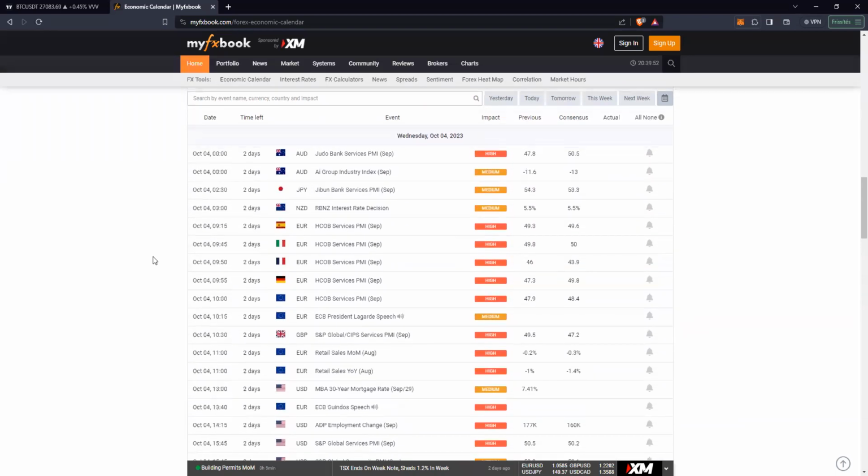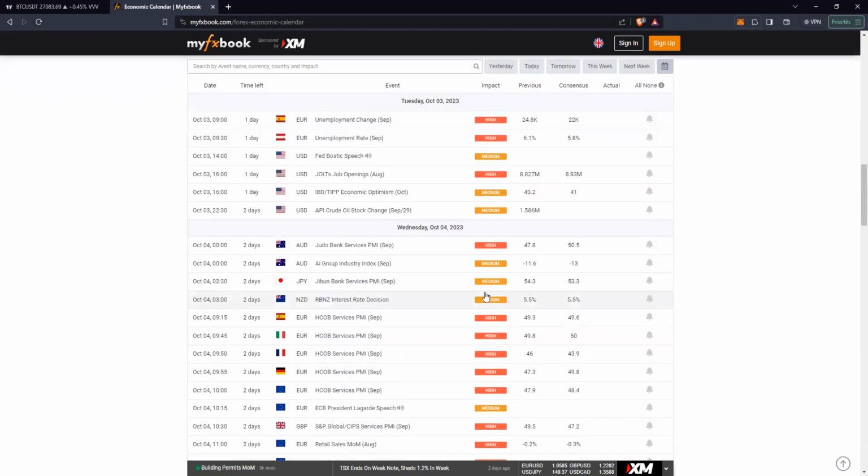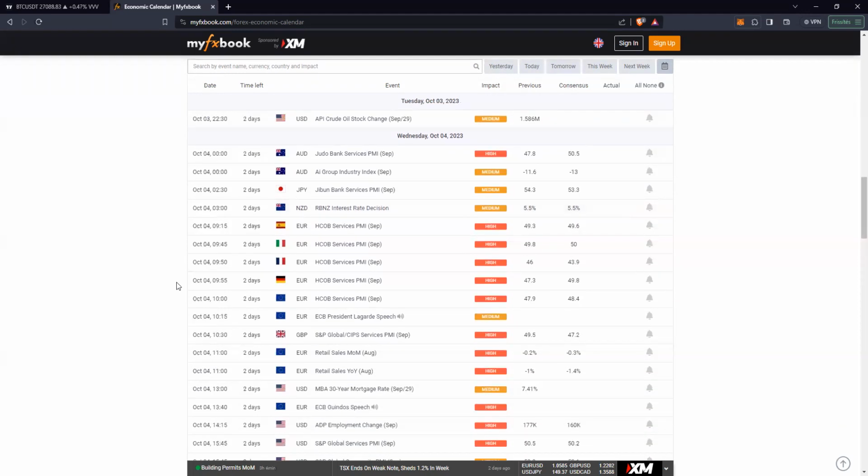Wednesday, here is the NCD. So we're going to have Audi and NCD interest rate decisions, but it's marked with the orange sticker. So yeah, but it's at 3 a.m. in the morning. So good luck with that.